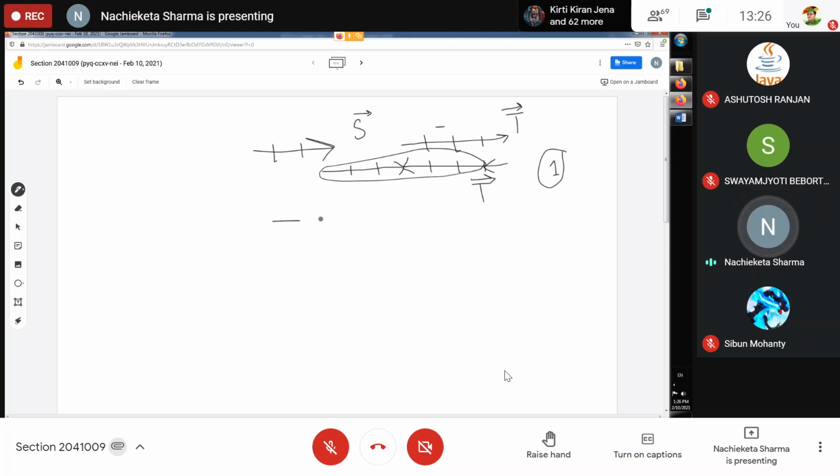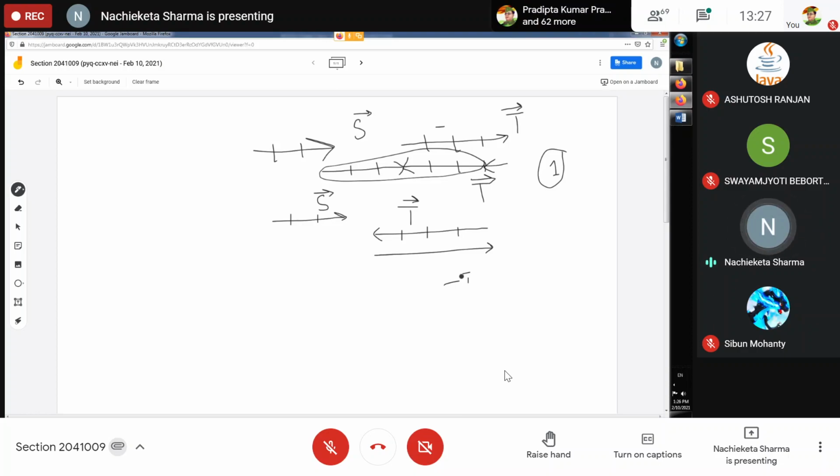But suppose initially the vectors are directed in opposite direction. Say S was in east direction and T was in west direction. So initially both of them were directed opposite. So this was my S vector and this was my T vector. Because angle is not given, I am free to choose any angle. So when I find minus T, I have to reverse it. So this becomes my minus T vector.